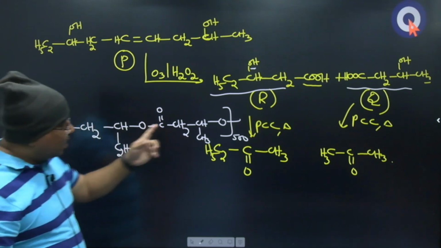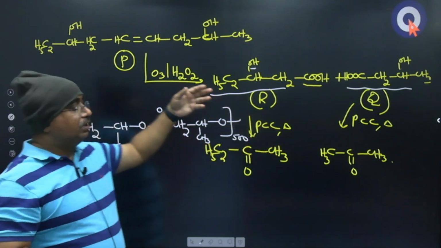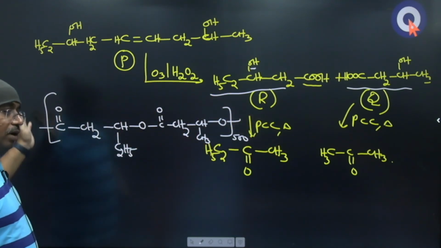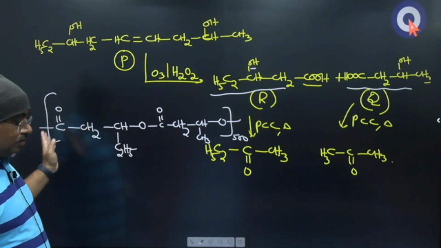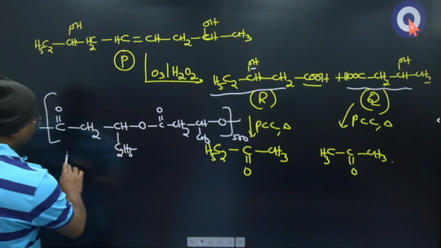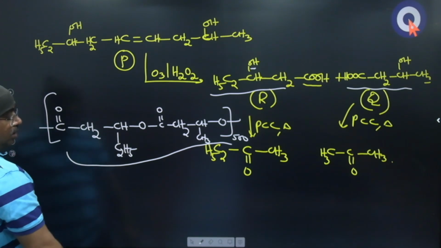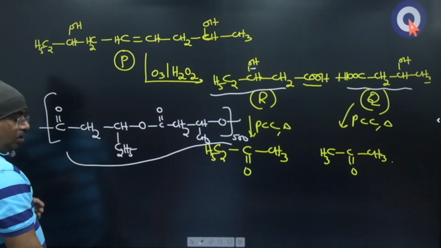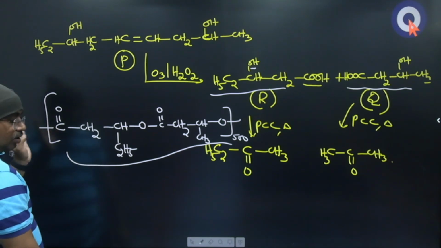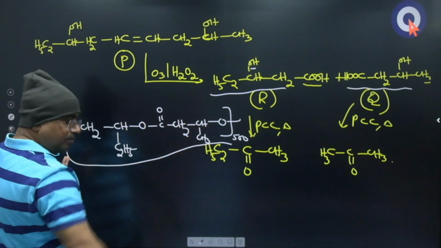But at the terminal ends you will have an alcohol group in this, and in this terminal end an acid group. So there is no water loss. So this one you have to multiply 500 times, the molecular weight of this repeated chain. So for the ends, you should actually consider 500 molecules of this, 500 molecules of that.